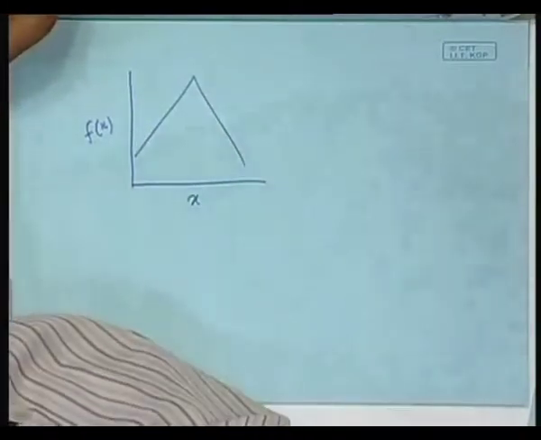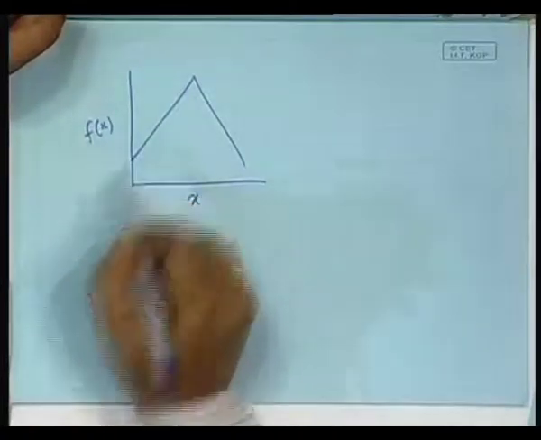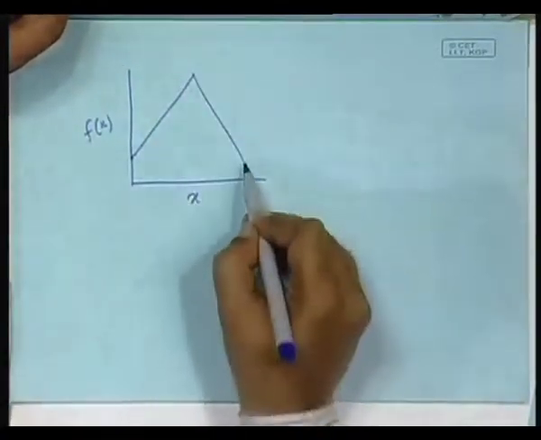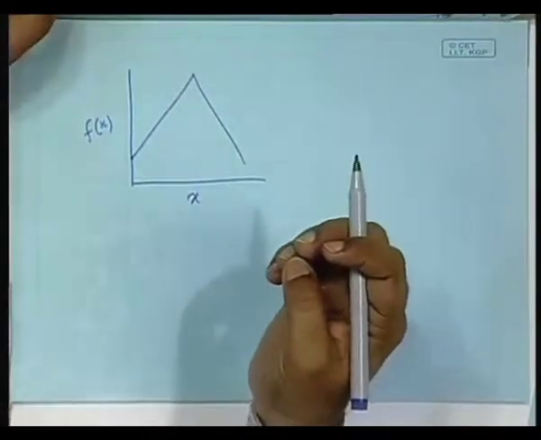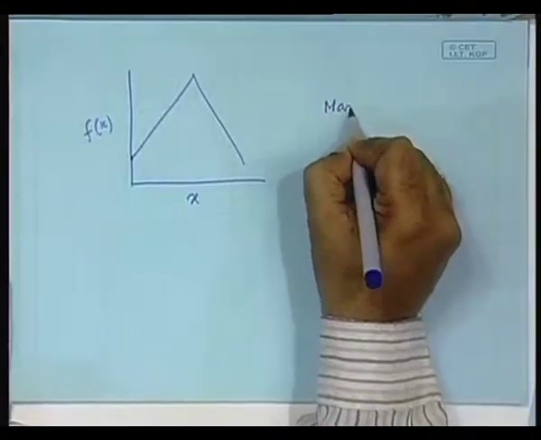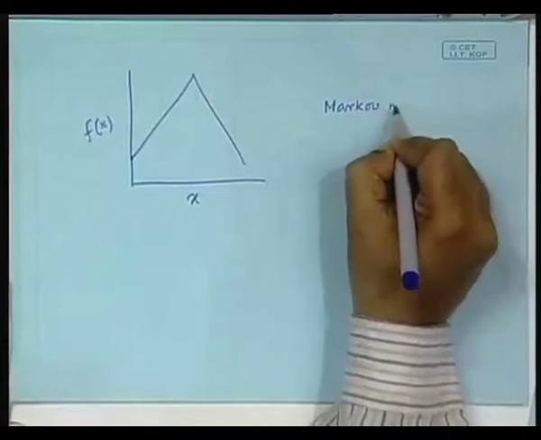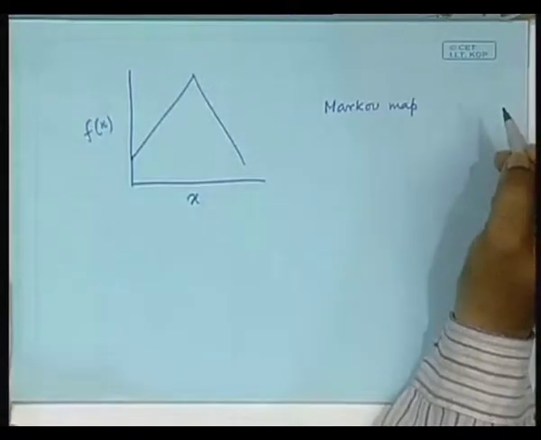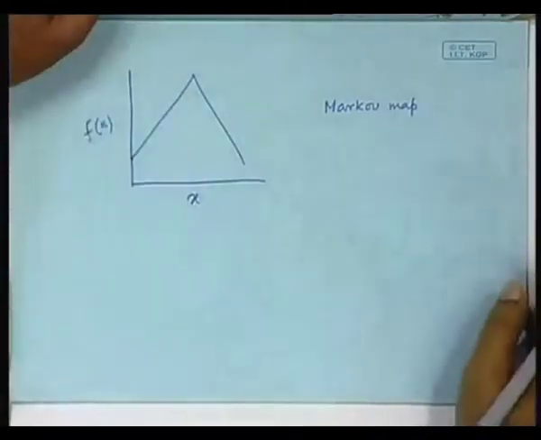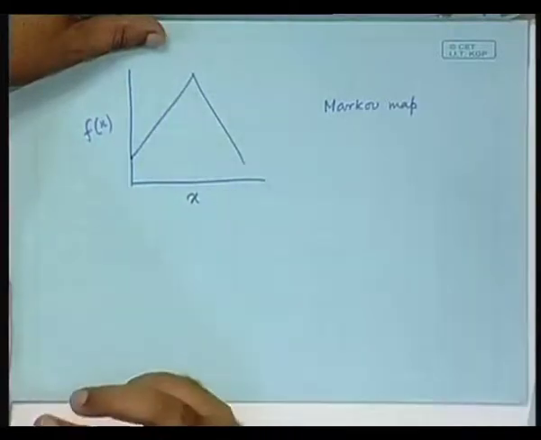Not only that, you notice that here is a breakpoint, here is a breakpoint, here is a breakpoint. The maps in which breakpoints map to breakpoints go by a special name, that is the Markov map. Let us try to understand what you mean by breakpoints mapping to breakpoints. Let us consider this map.